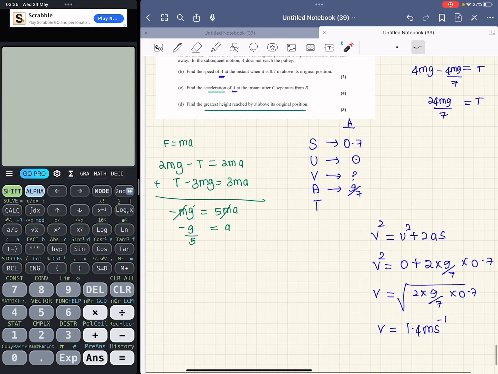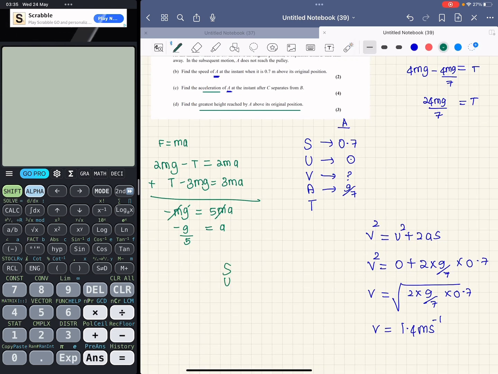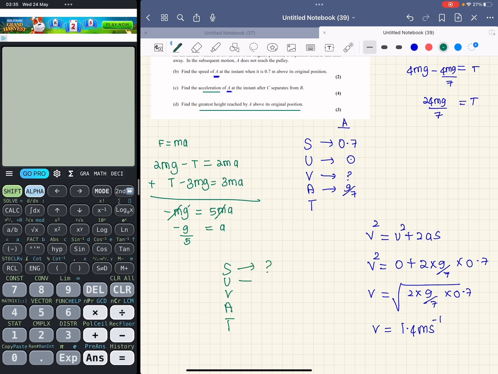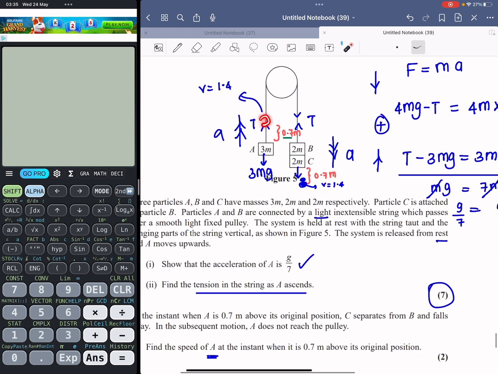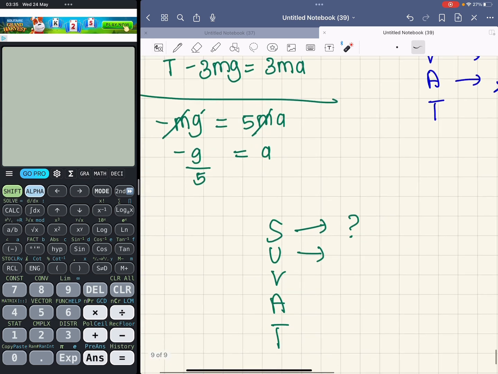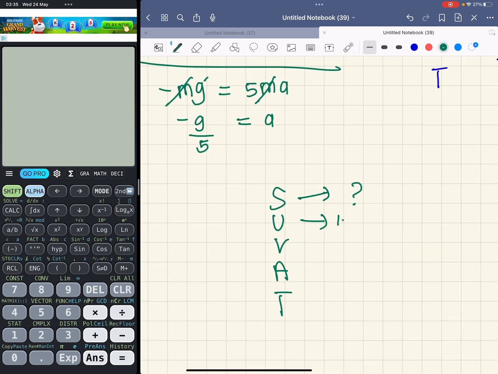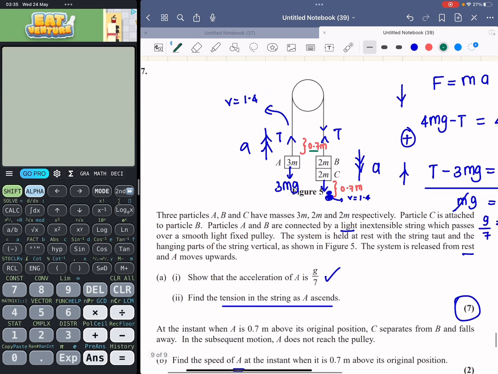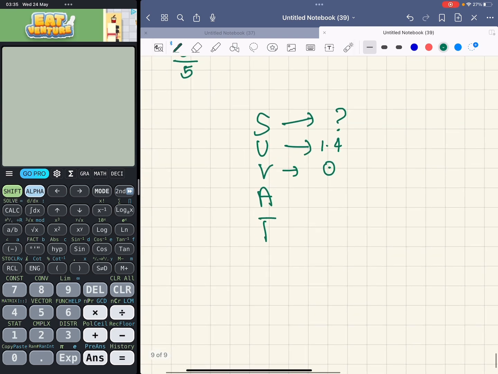For that, I'm going to use suvat, and displacement is the question. Initial velocity is 1.4, as we calculated at that point. Final velocity is 0 because it's going to come to rest.